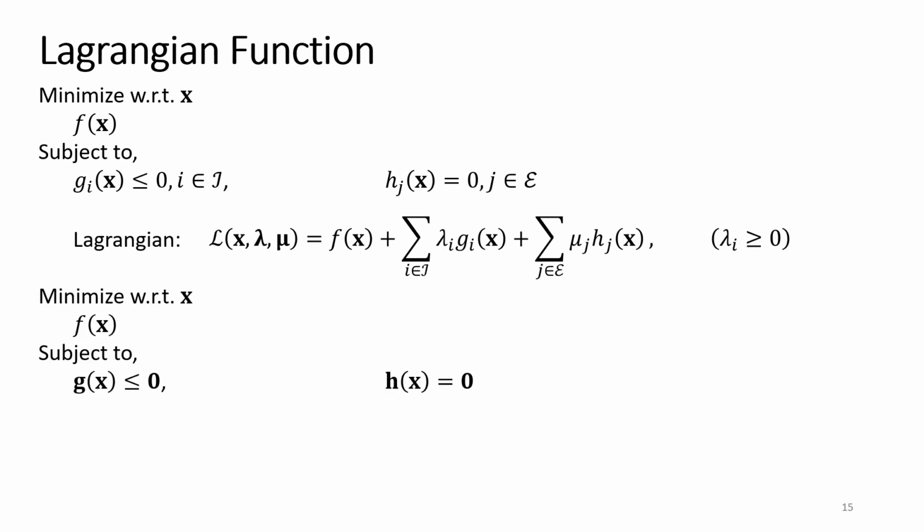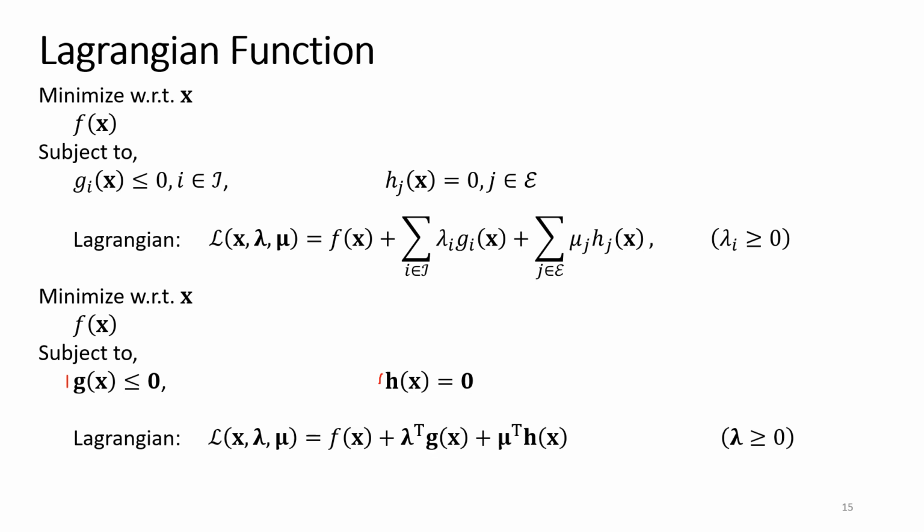The Lagrangian can be expressed more compactly using vector g and vector h functions. So it's equal to f of x plus lambda transpose g of x plus mu transpose h of x. It has three terms. The first term is simply the objective function that's to be minimized. The second term corresponds to the inequality constraints.